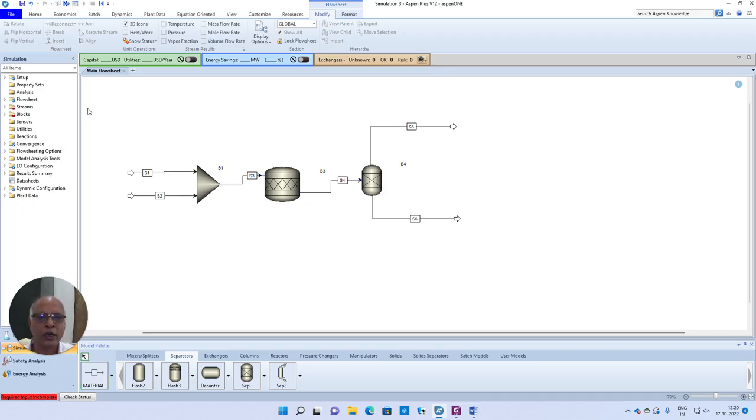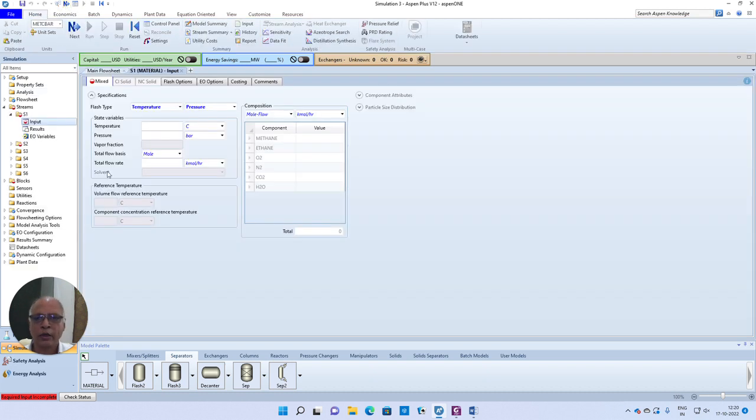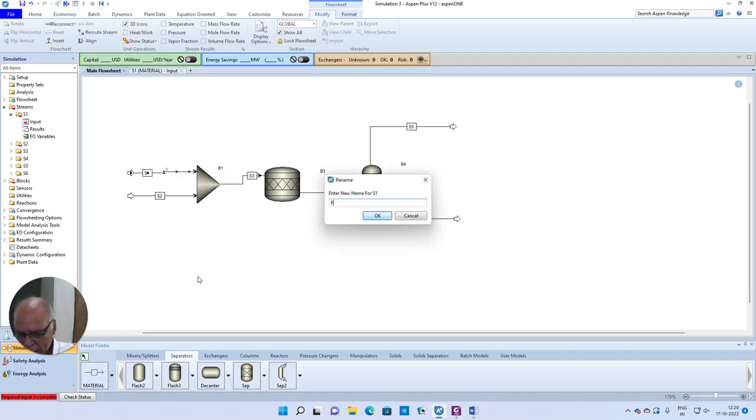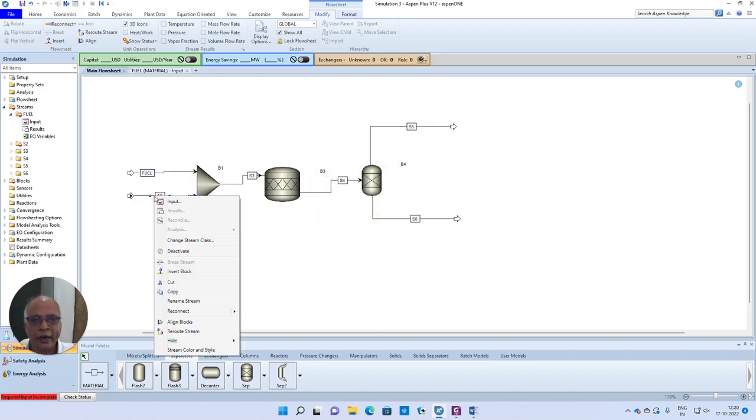So let us go and provide the problem definition. So what we are required to identify with respect to S1, or probably I can rename them for convenience. This is the fuel, and this is air.